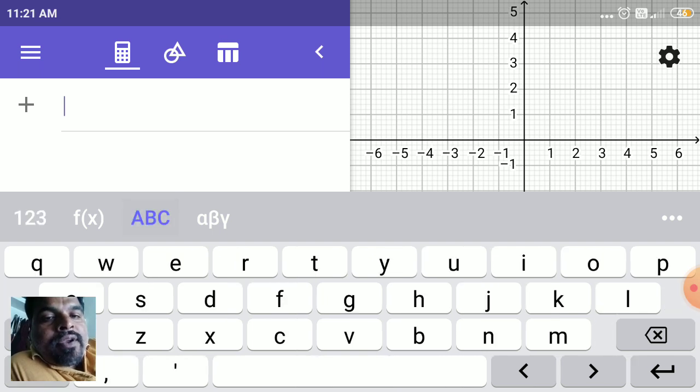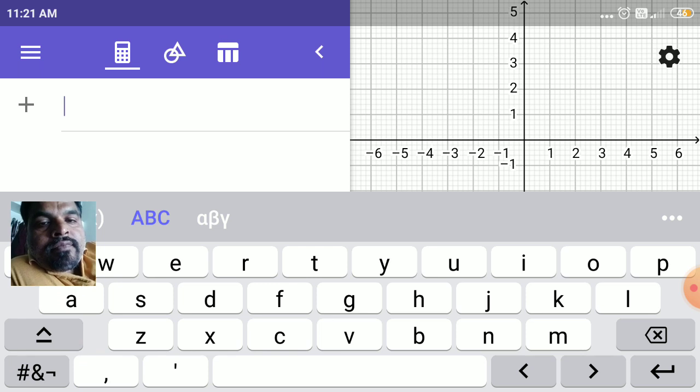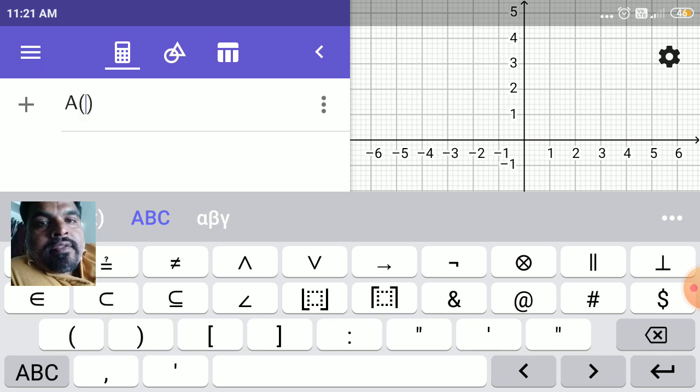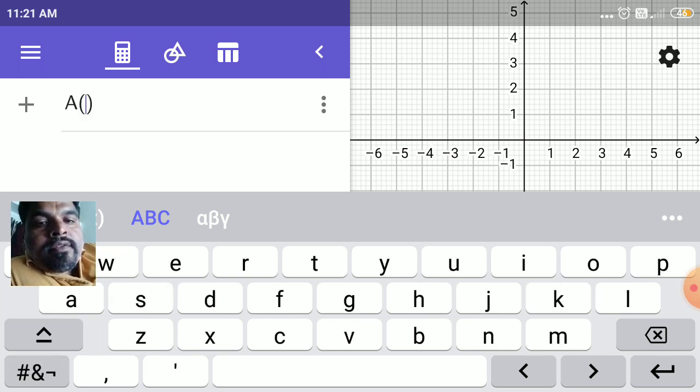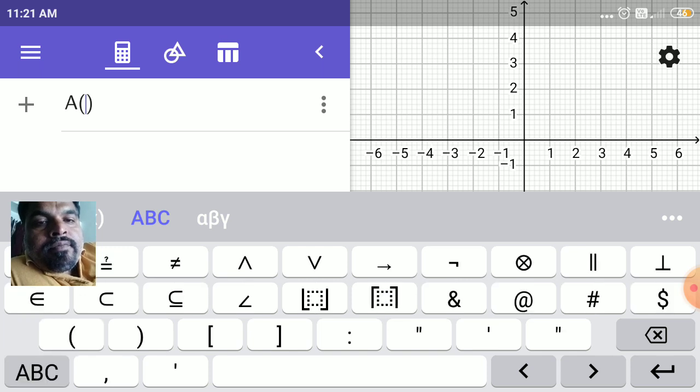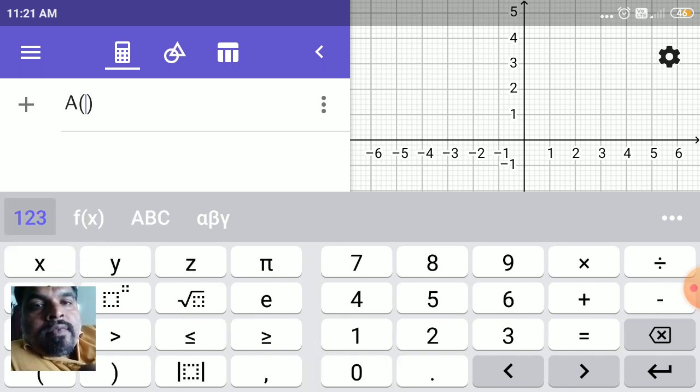The first point is A, the point is 4 comma 2.